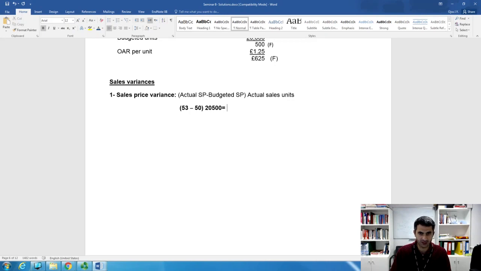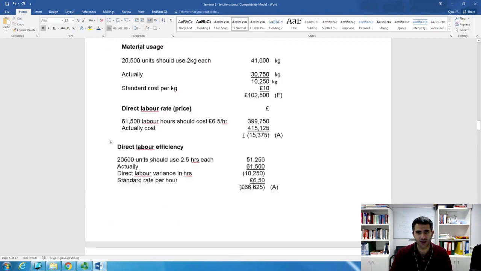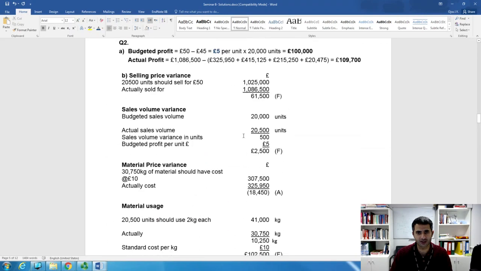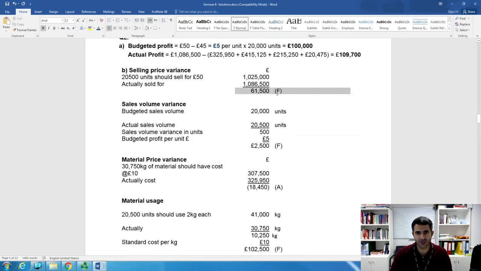So 3 times 20,500 equals £61,500. This is the variance, and of course it is favorable. Why is it favorable? As you see, the actual selling price is more than the standard selling price. So £61,500 is the sales price variance. Let's go here, and yeah, it's the same answer, 61,500.